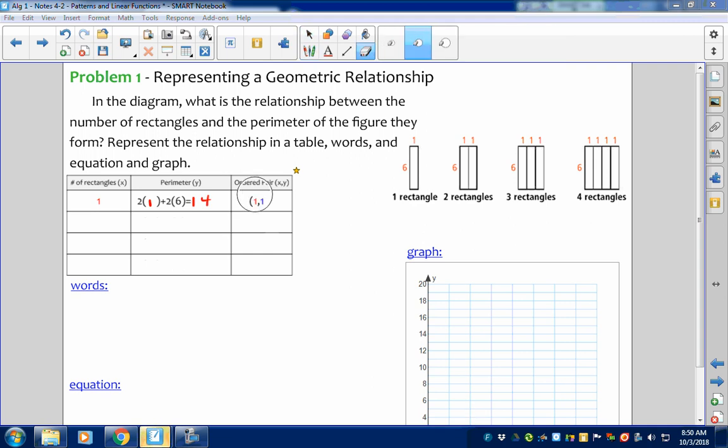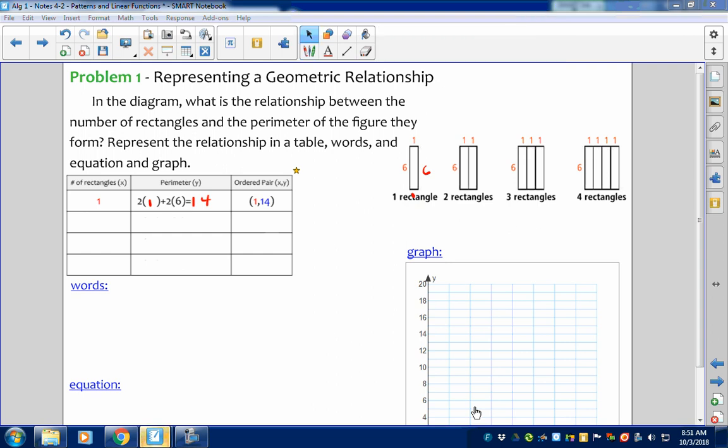And an ordered pair of 1, 14. The ordered pair is what we'll graph. So if you look at this first picture, it's just saying with one rectangle we have a perimeter of 14. If you put a 6 here and a 1 here, you'll see that those add up to 14.